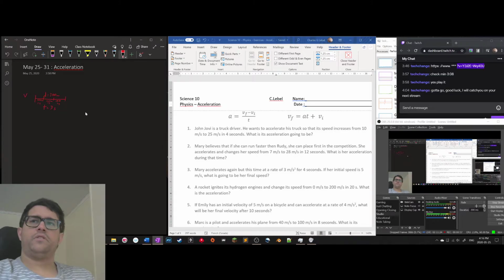And then we took the formula V equals D over T to say that 300 meters, which is a distance, divided by the total time, 3 seconds, gives us a constant velocity of 100 meters per second.